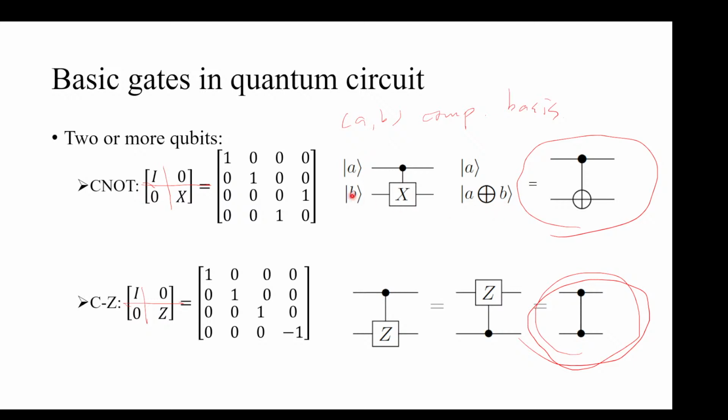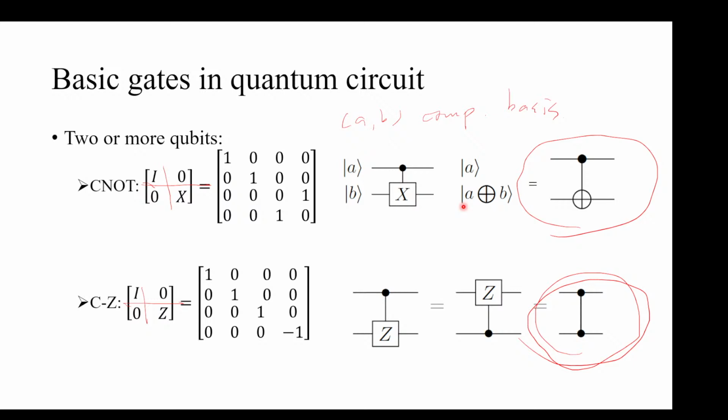So that's a very quick verbal proof that if you apply a CNOT gate on this AB state, the output will be A and A XOR B, or A plus B. This notation, the plus circle, means XOR.